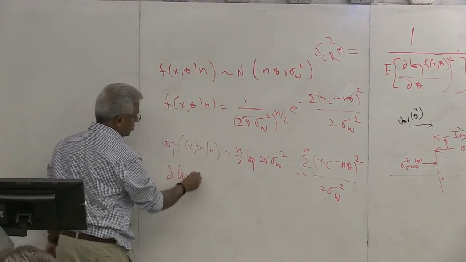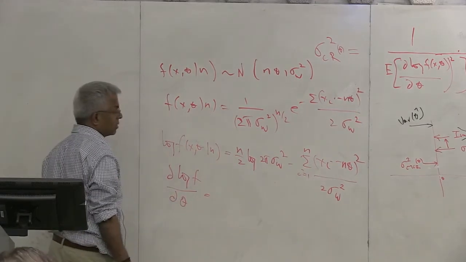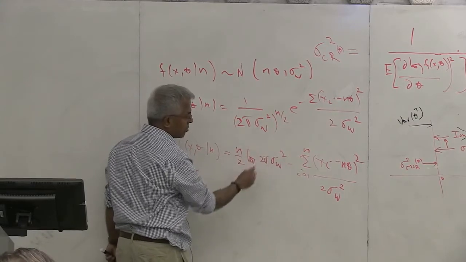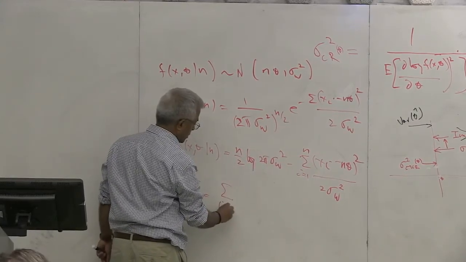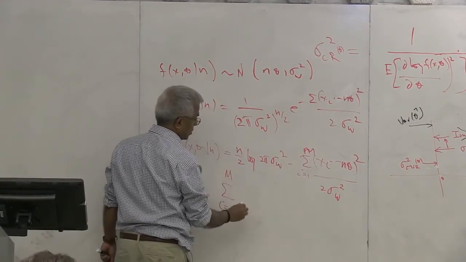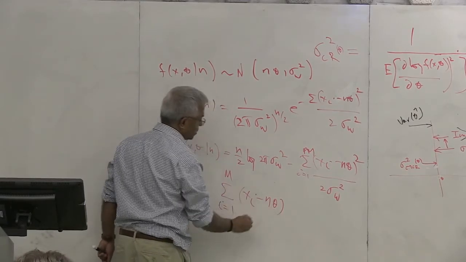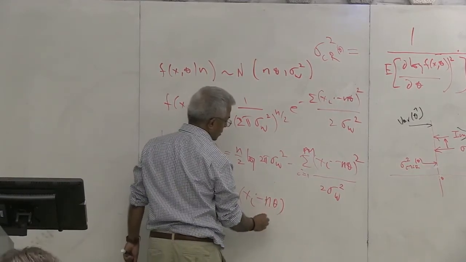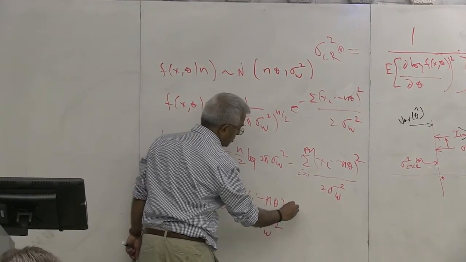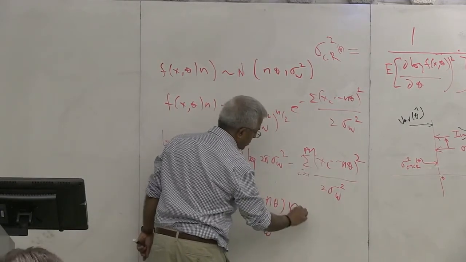If I take the derivative of this with respect to theta, what do you get? The 2 goes away, so I get summation i equal to 1 through m of xi minus n theta, multiplied by n, divided by sigma w squared.